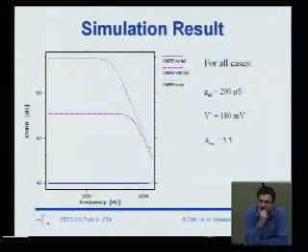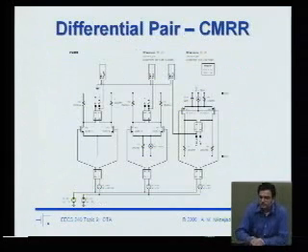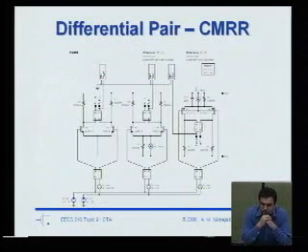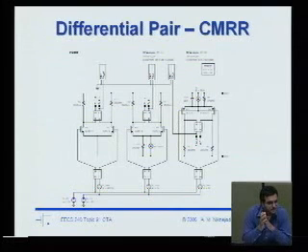Anybody else want to take a stab at that? Yeah, let's look at the circuit. Effectively, if the common mode rejection ratio is worse, that means there's more capacitance on the source node. So where's that coming from? Okay, Drew?